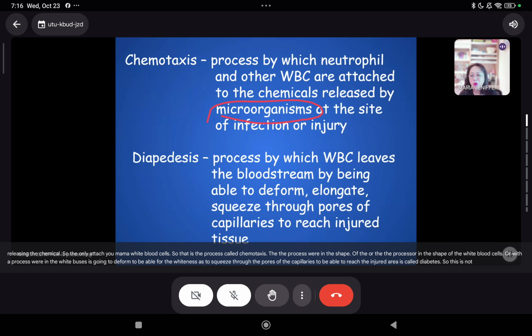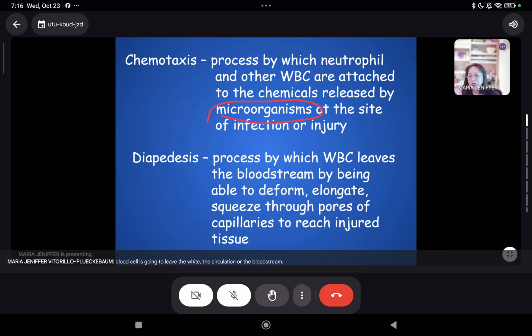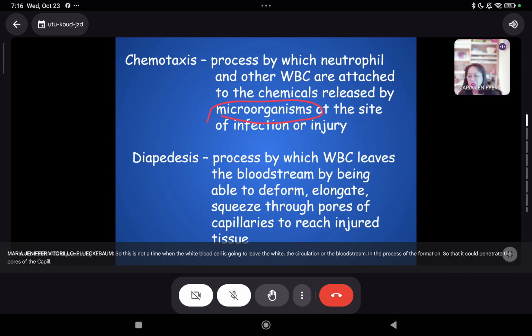This is now the time when the white blood cell leaves the circulation or the bloodstream. In the process of deformation, it penetrates the pores of the capillaries so it can reach the site of the injured tissue. That process we call diapedesis.